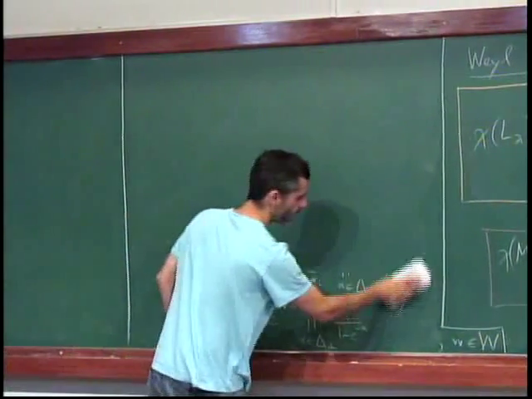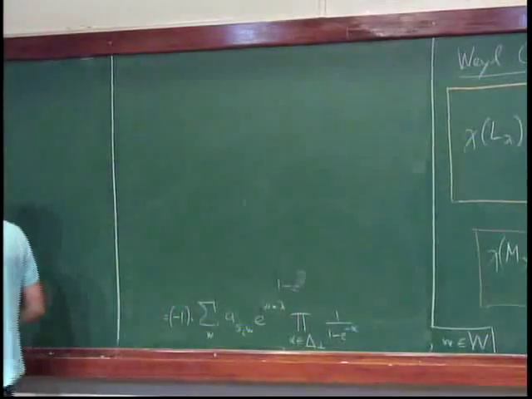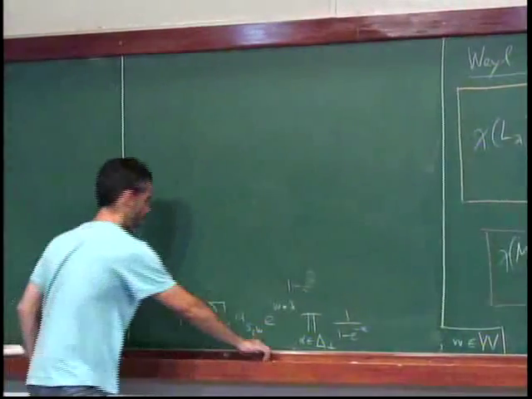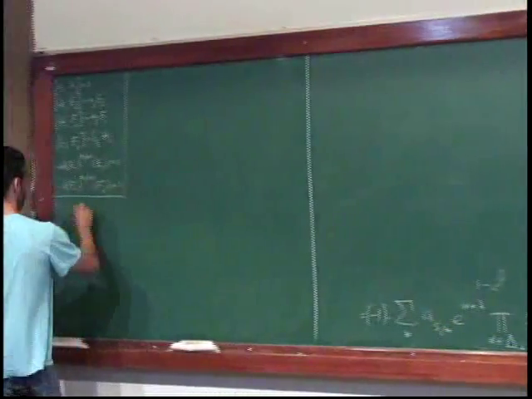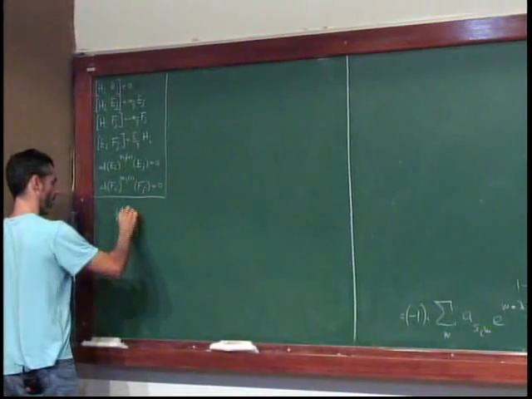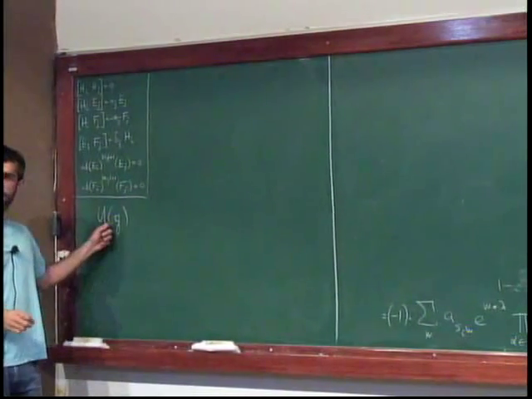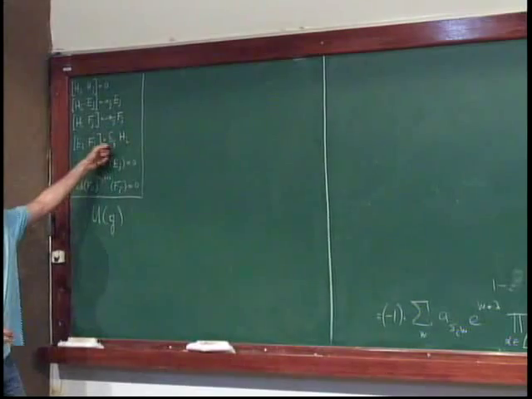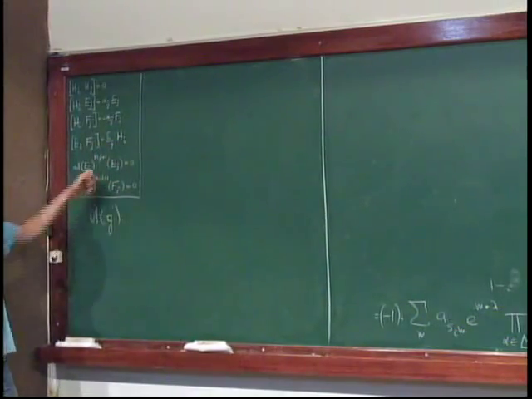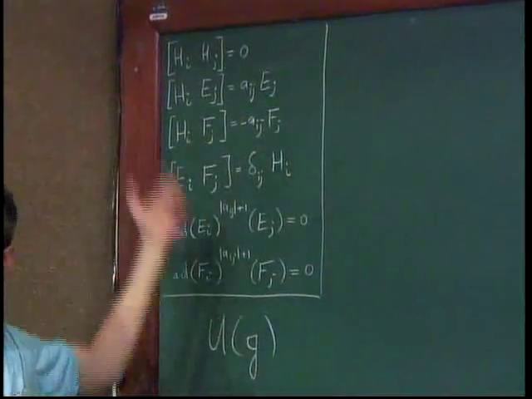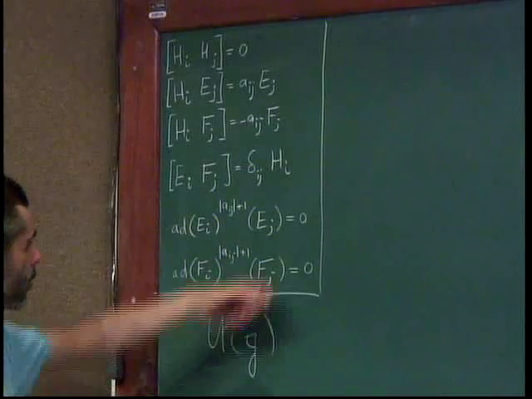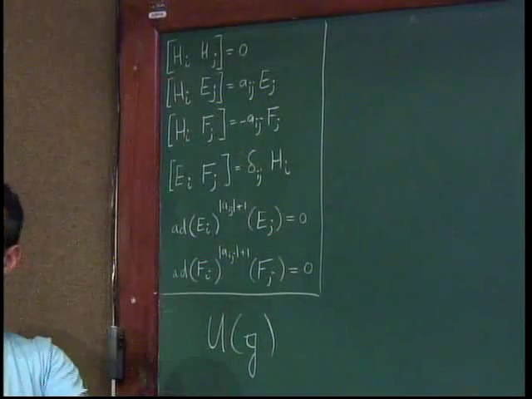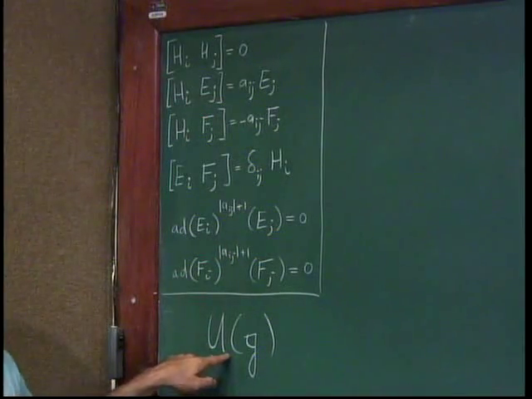It is an algebra that looks a bit like the universal enveloping algebra of the Lie algebra. And here I wrote down the presentation of that algebra. If you interpret that presentation as a Lie algebra presentation, you get g. If you interpret that presentation as an associative algebra presentation, you get this.